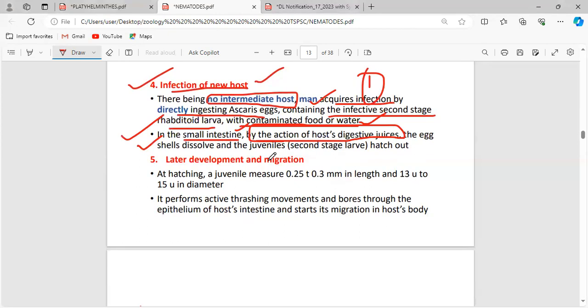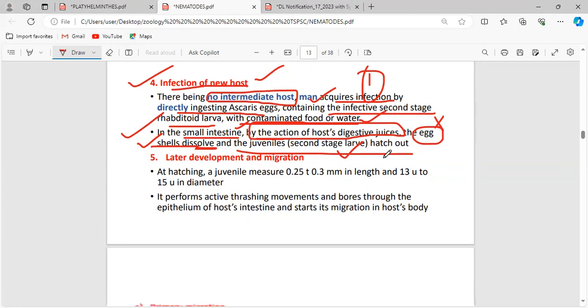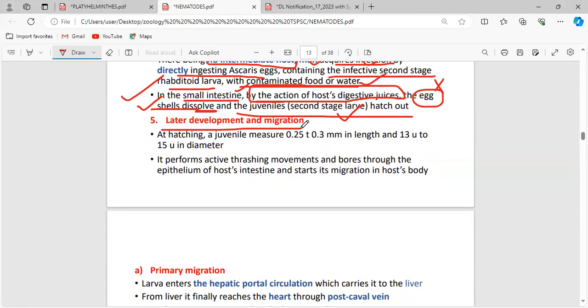By the action of those alkaline juices, these egg shells will be dissolved. The eggs are covered by many protective shells, and those protective shells will be destroyed by the alkaline juices secreted by the human small intestine. After the shell is lost, the juvenile will be hatched out, that is the second stage larva. And then the later development and the migration.